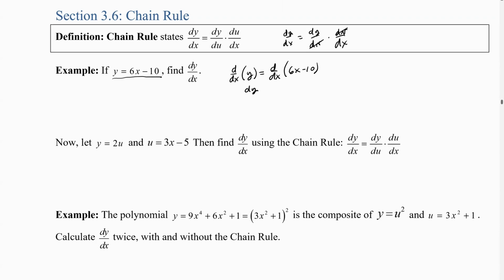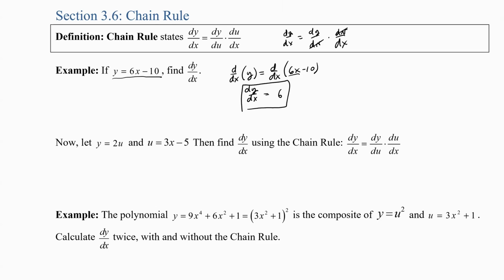Okay, and we get dy/dx, and the derivative of 6x is 6, and the derivative of negative 10, it's a constant, so it's a 0, so it's equal to 6. You're like, wow, that was not hard. What does that have to do with the chain rule?